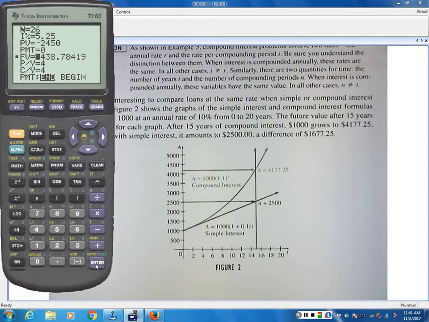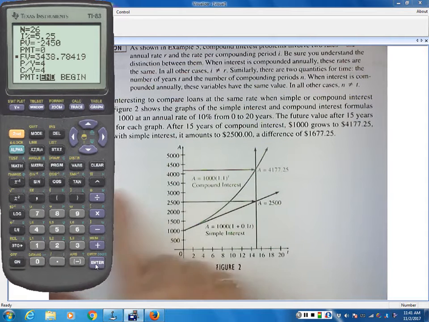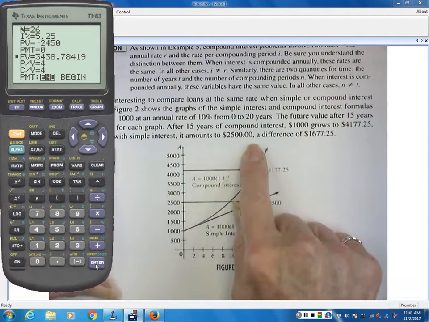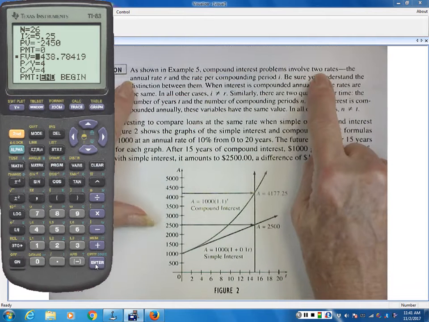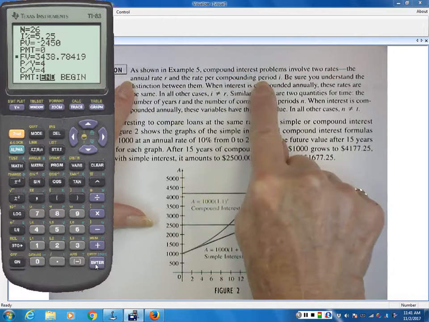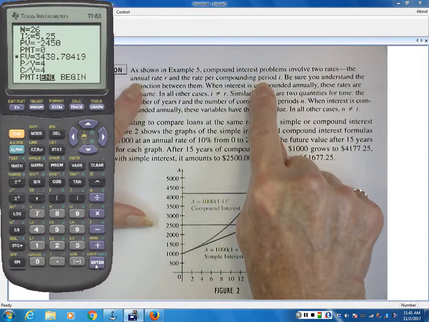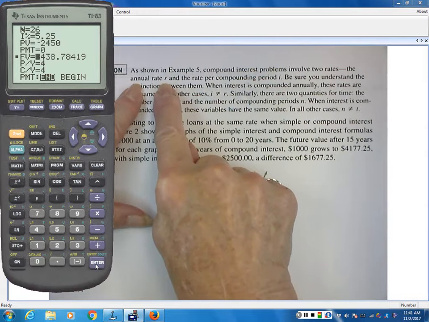Now there are a couple of cautions, and you can kind of ignore this because I'm not going to talk much about this. Compound interest problems involve 2 rates, the annual rate and the rate for the compounding period. Remember, you're going to need to put in your annual rate and leave it alone.